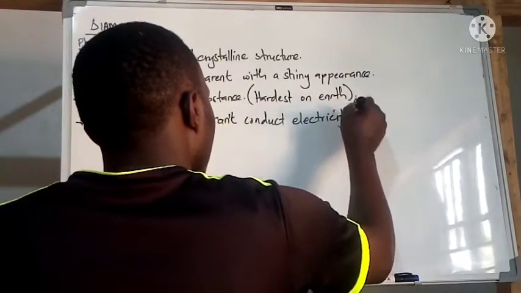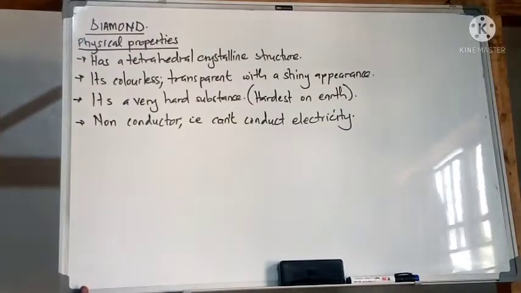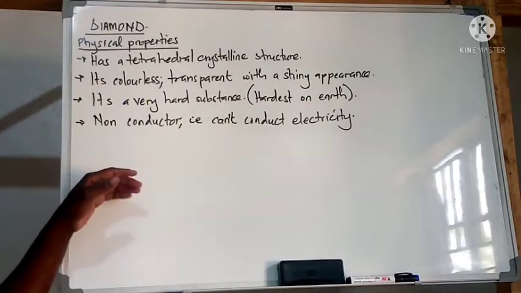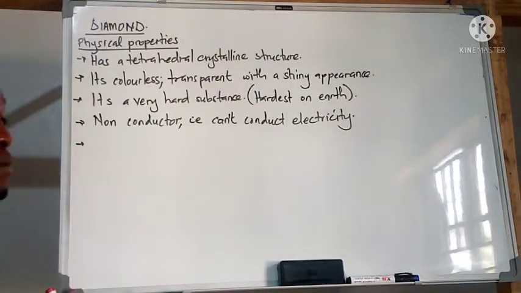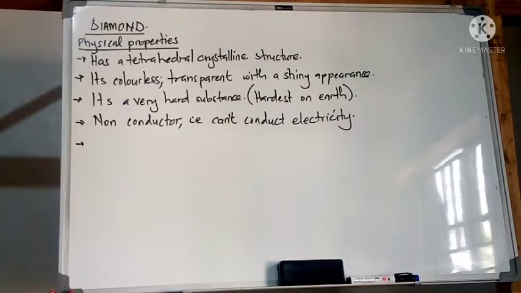We are to see the reasons as to why it cannot conduct electricity through its structure. All the electrons are used in bonding, such that no free electron is left to conduct electricity. That's why diamond is a non or a poor conductor. Next comes its density.